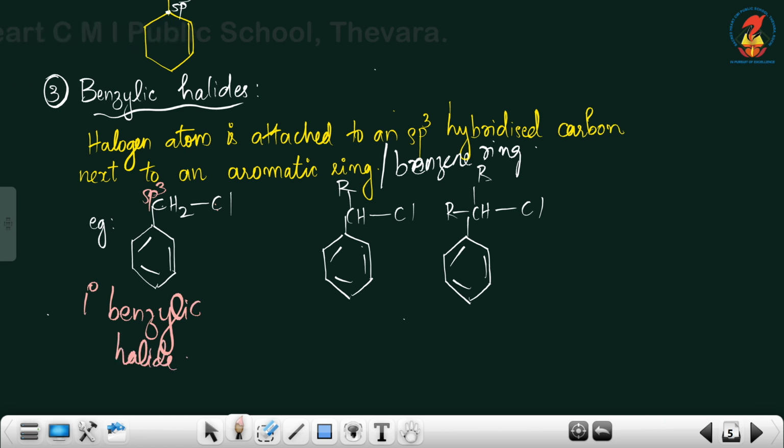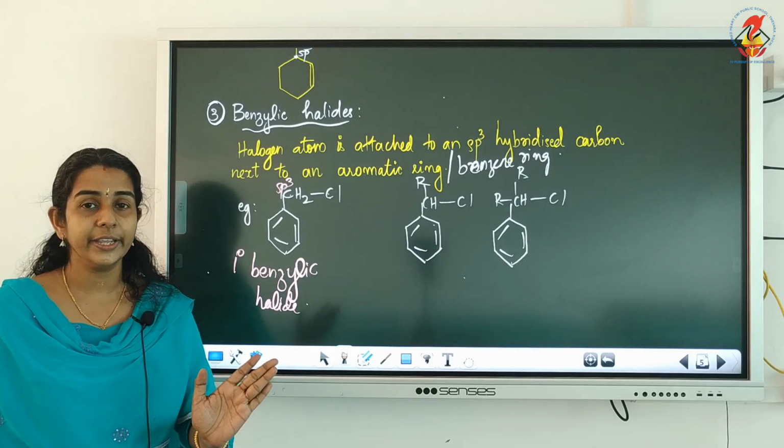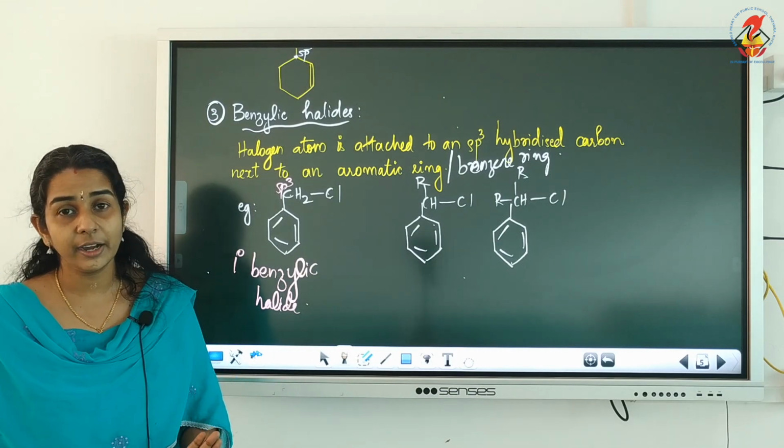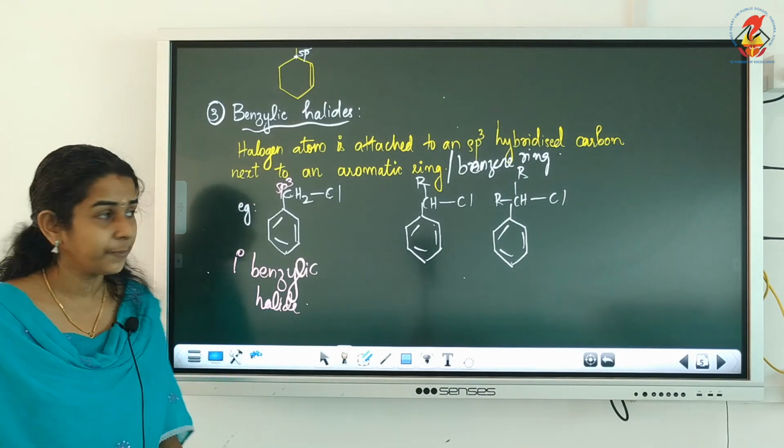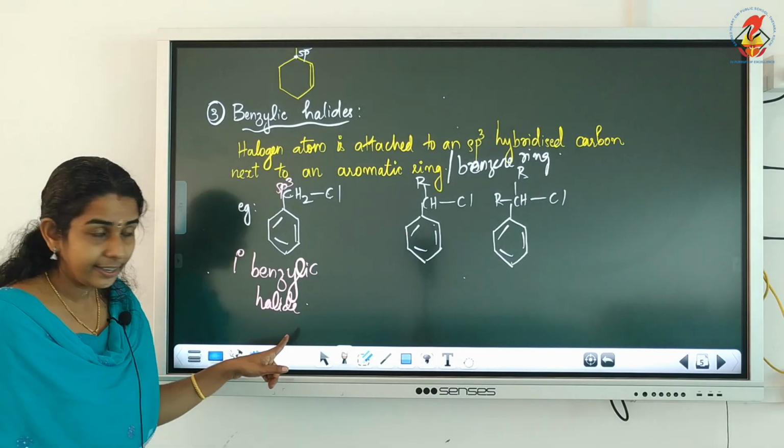As I told you, it is very easy to identify primary, secondary and tertiary. If the X attached carbon is CH2, primary; if it is CH, secondary; if there is no hydrogen on that carbon, if it is only C, it is tertiary. So here it is a benzylic halide.